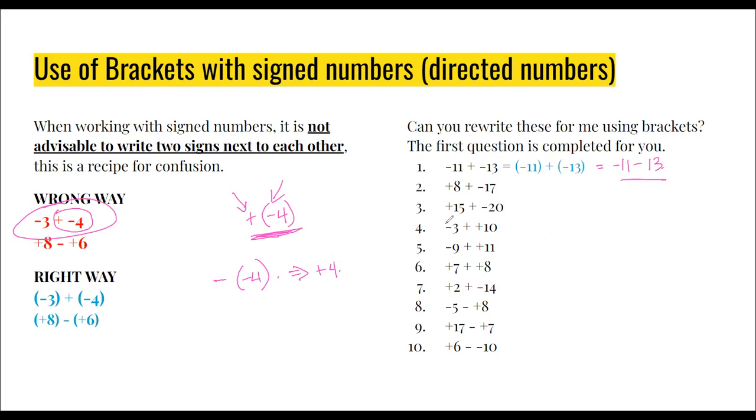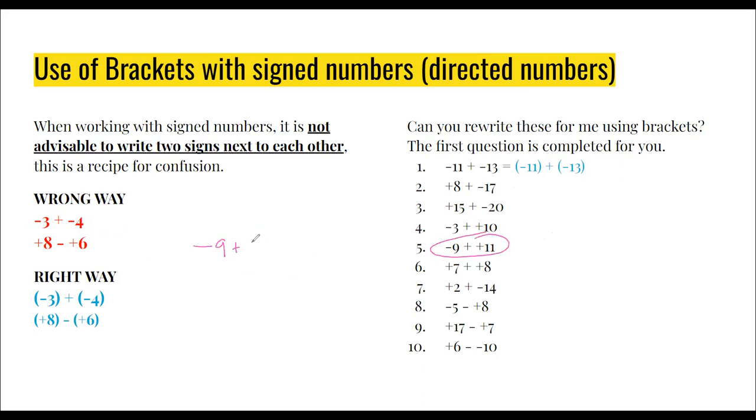Now, if it's the same as in this one here, when we rewrite it, we will rewrite it as -9 + 11. I like to call this the net sign, the final sign that we're going to use before we work out the question.